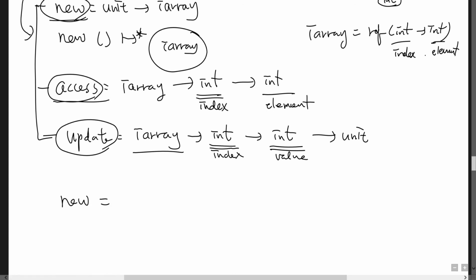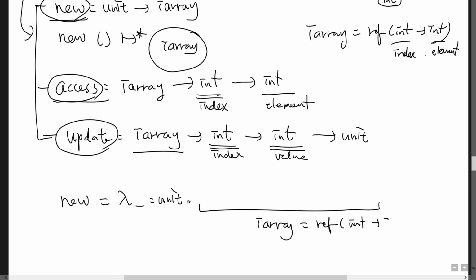New is: give me some unit, but the name of the argument doesn't matter, so let's use this wildcard pattern. Now I'm supposed to return an integer array, but integer array is reference integer arrow integer. So you are going to create a new reference, and inside you have to return this function of type int arrow int. It's basically a mapping from index integer to element integer.